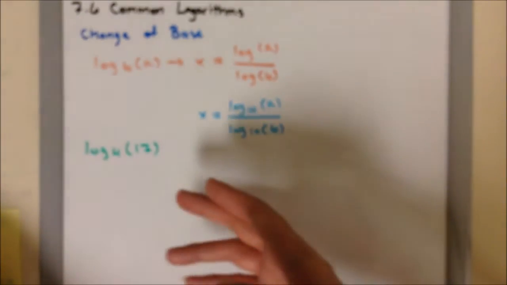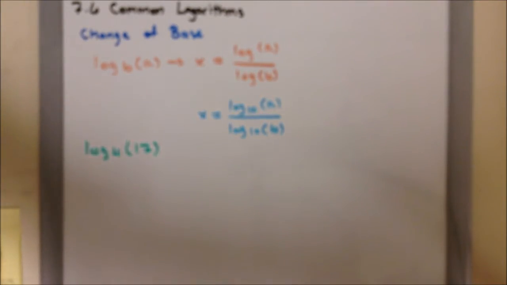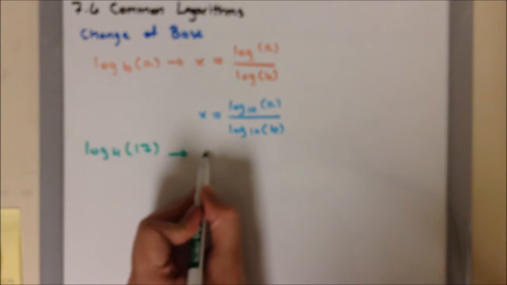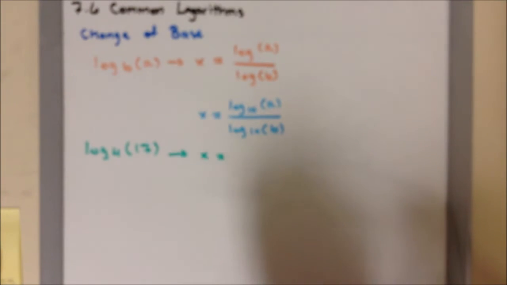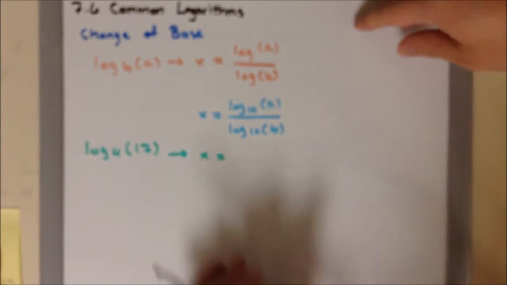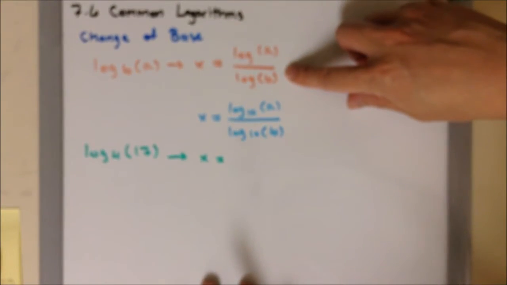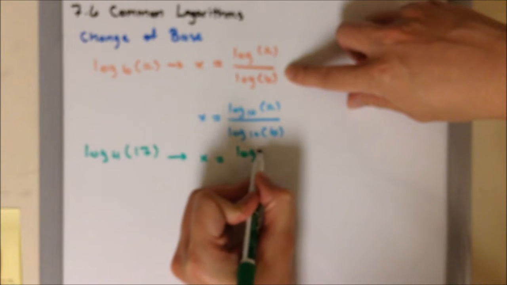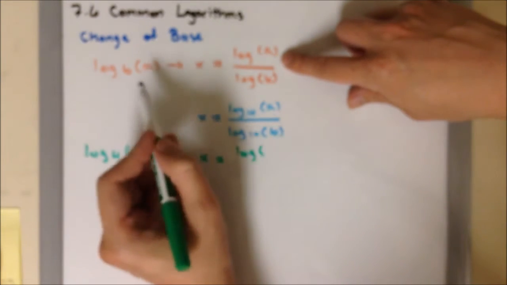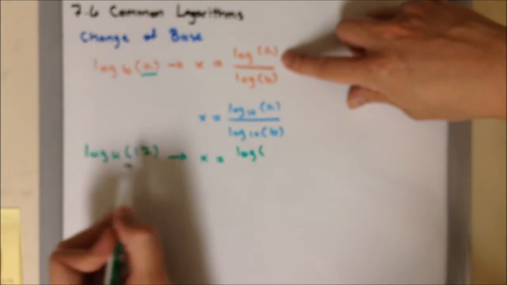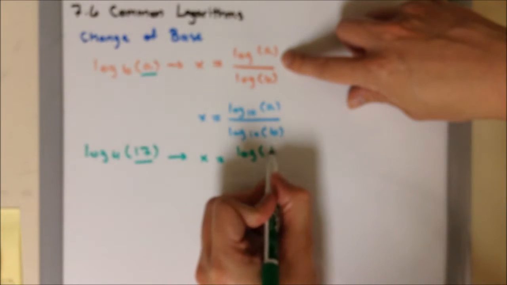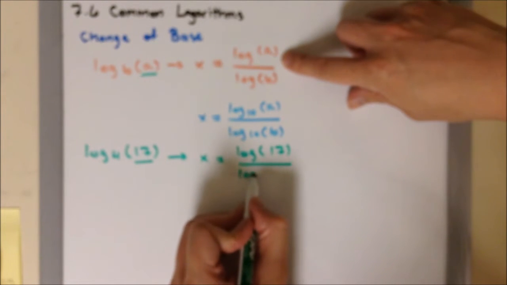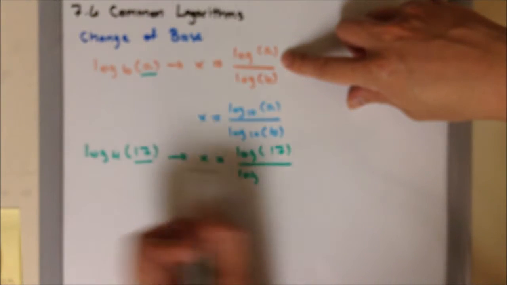So what I'm going to do is rewrite it as x equals, and then follow the change of base formula, which I have up here. I would write on the top log of my a. My a is what's inside the log, which in this case is 17, divided by log of my b, which is my base, the 4.